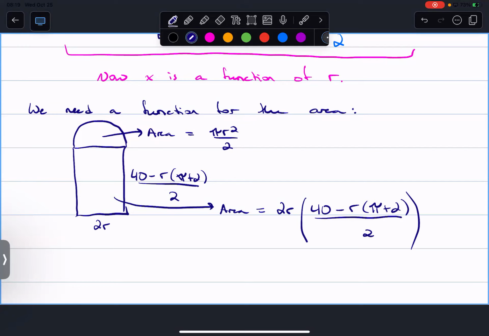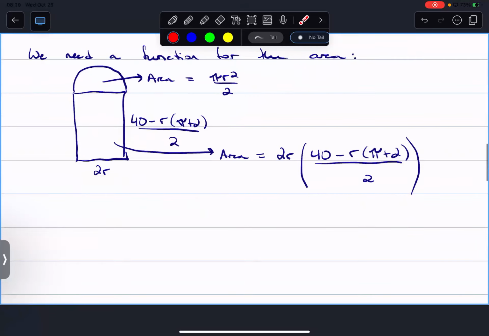All right, that's good. So now we can add those areas together. It is pretty nasty looking, especially with this side. But if you just think of it as the length of one side, you can use x for a little while longer if you want, but it's nice to only have one variable, one r.